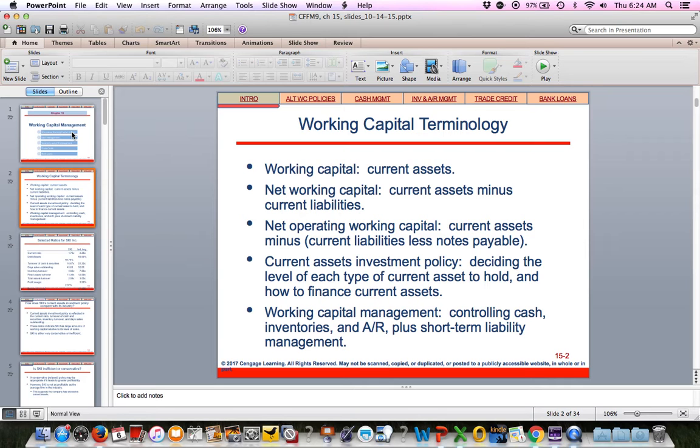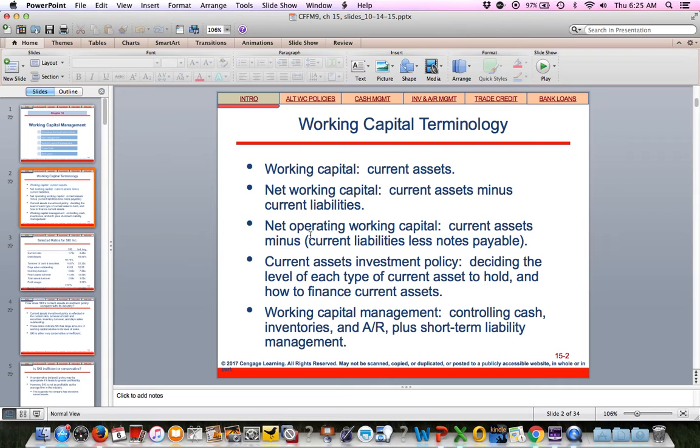So the better you understand those three terms, the better you'll be at identifying the numbers you need to plug into calculations when you do the work in Aplia. And of course I'll ask questions about those types of things on a quiz or a test about the chapter also.